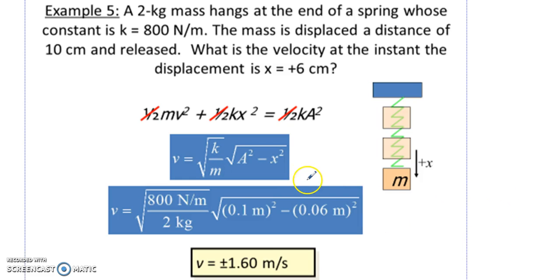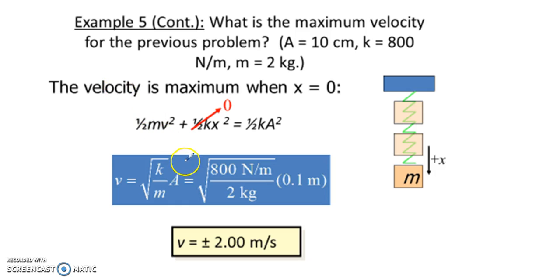At this point we're just filling in the equations that we're using if we're looking for velocity. We have A squared minus x squared, where A is the maximum displacement. Continuing on with the example, still looking for maximum velocity, velocity is plus or minus 2 meters per second.